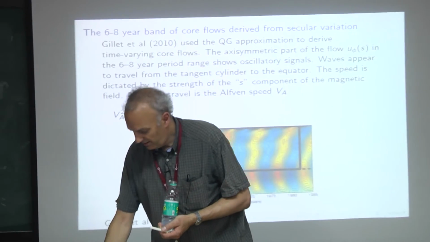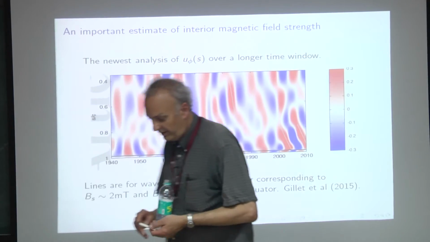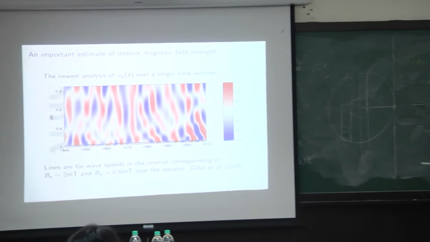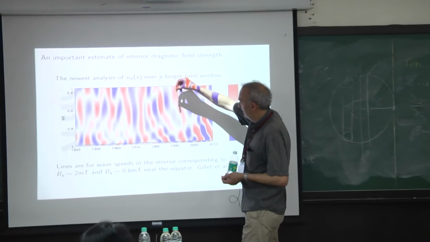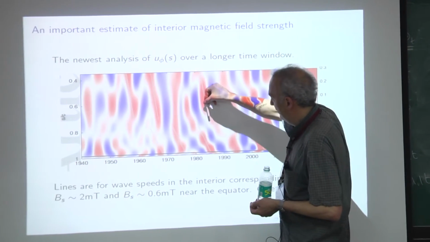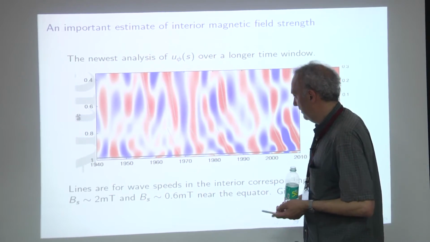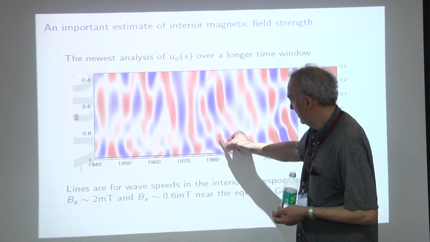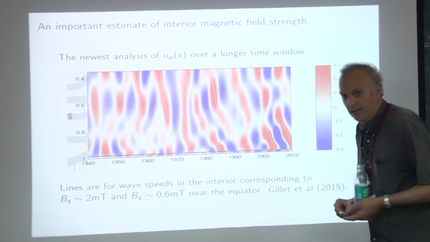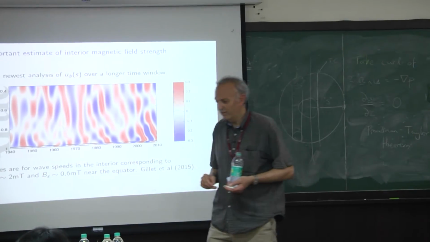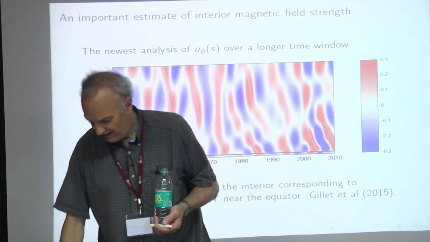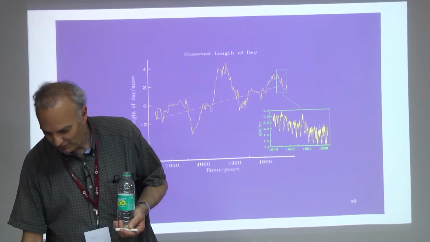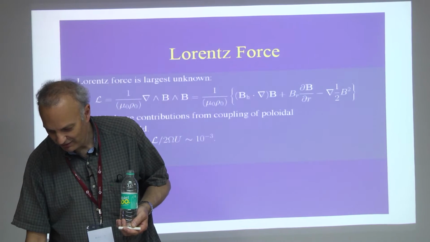So that was their work from 5 years ago. This is their current work, and the numbers that they've given for these propagation speeds: this is appropriate for 2 milliteslas, and this is appropriate for 0.6 milliteslas. Does anyone remember, this is probably an unfair question, how strong the magnetic field is at the core surface?